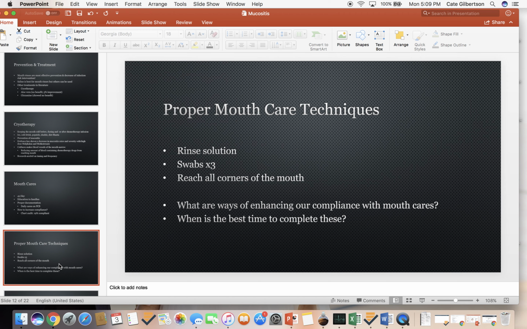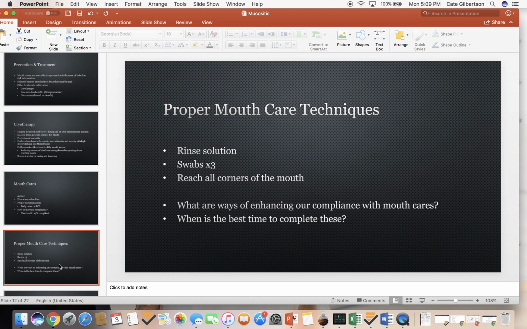Right side and left side of the mouth, the buccal cheek mucosa. But as long as they're getting all the parts of the mouth and getting it clean, the technique doesn't really matter.